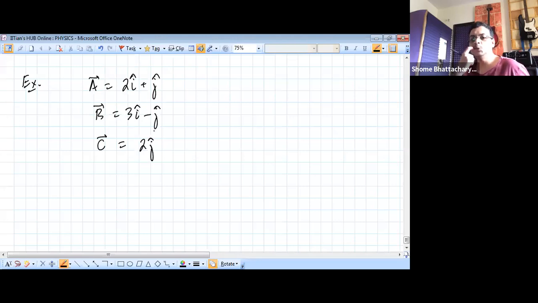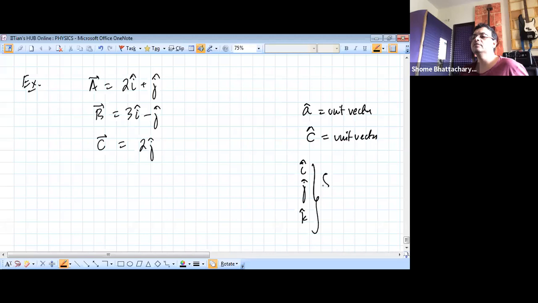The difference between a unit vector and a standard unit vector: see, a unit vector, Kunal, stands for any vector of magnitude 1. So A cap is also a unit vector. C cap is also a unit vector. But i cap, j cap, and later we'll see there's one more, k cap, these are what we call the standard unit vectors.